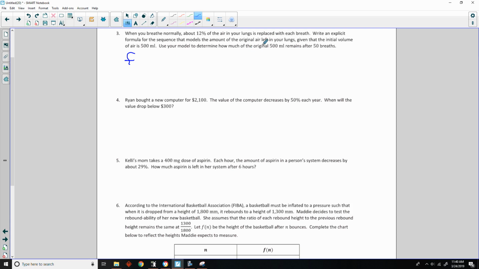Is it time? No. Breaths. F of B for breath. F of B. We're talking about how many breaths. So our initial value, initial volume, is 500. That's our A. Times our 12%.